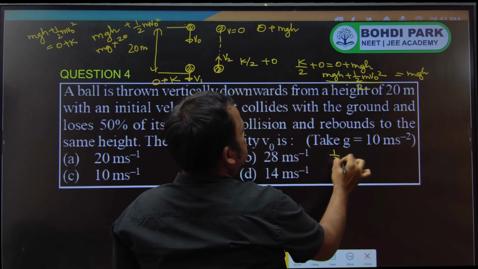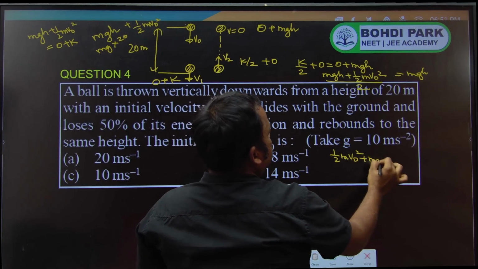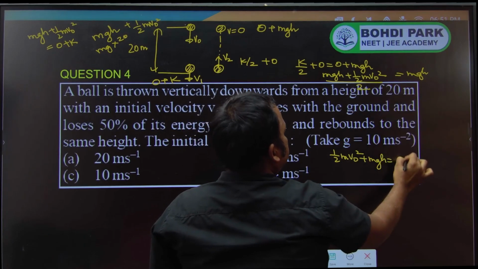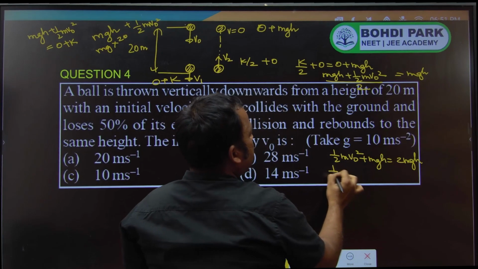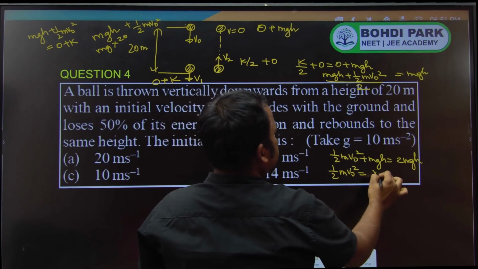So half m v naught square plus mgh is equal to 2 mgh, or half m v naught square is equal to mgh.